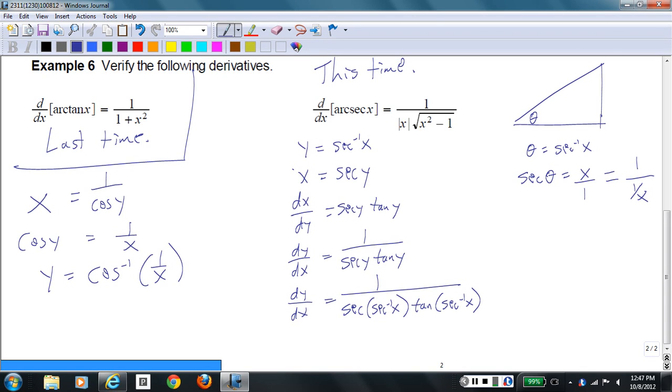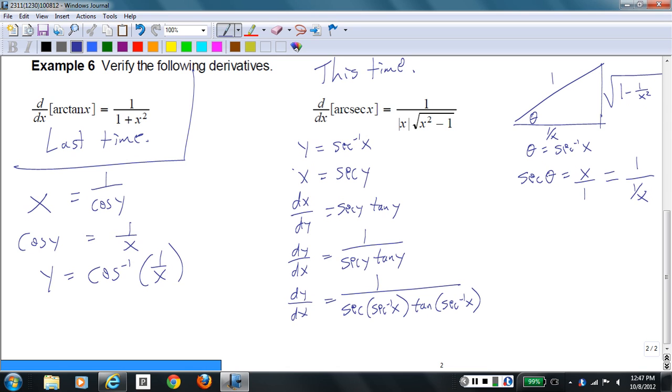That way x could be positive, x could be negative. So there's the 1. There's the 1 over x. And over here, this is going to be the square root of 1 minus 1 over x quantity squared, or maybe just the x squared down in the denominator. That's the opposite side. Now we've got to find the tangent of this.